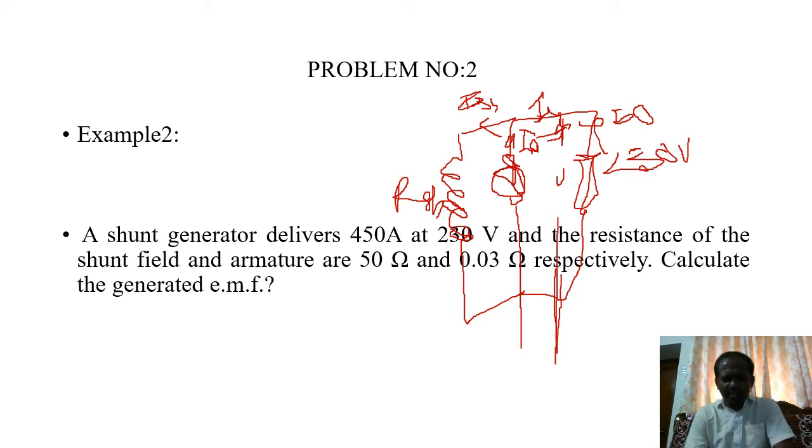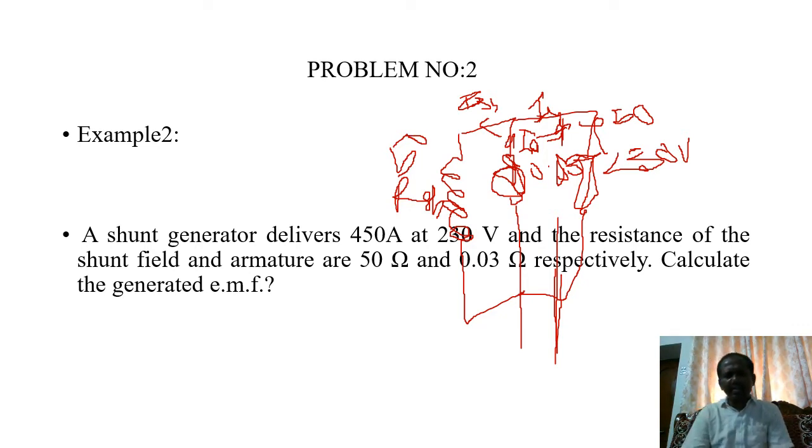The resistance of the shunt field winding Rsh is equal to 50 ohms, and the armature resistance is 0.03 ohms.